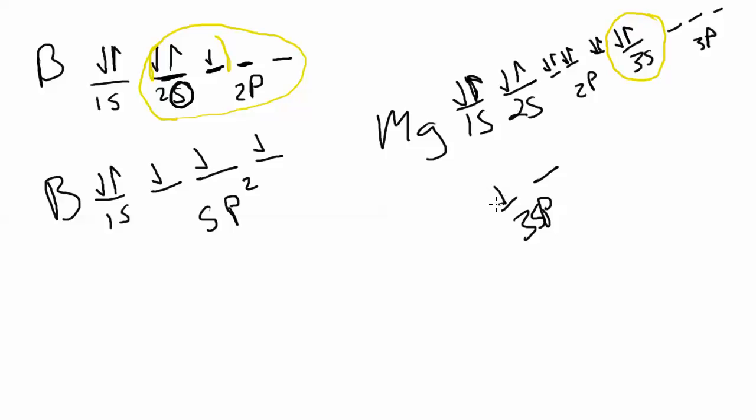Then it puts 1 electron in each. It takes its s orbital and 1 of its p orbitals, combines them, and that creates 2 sp orbitals. And so now the magnesium can combine with atoms covalently by sharing those electrons.